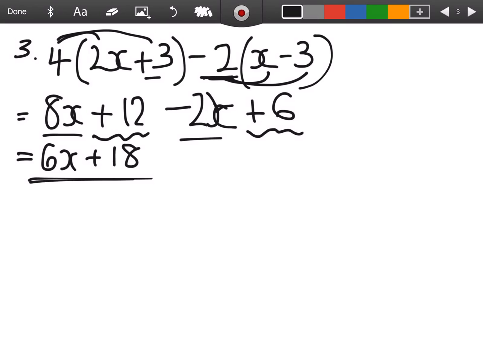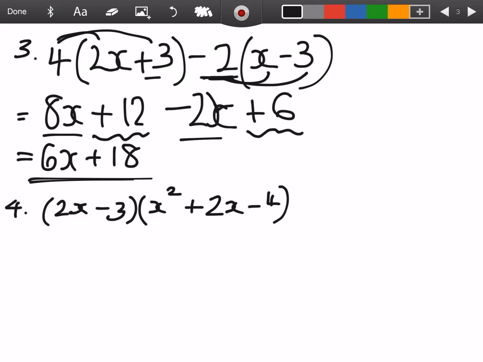Okay? And the final multiplying out bracket type question that you could be asked would be one of these type. And this should all look pretty familiar.